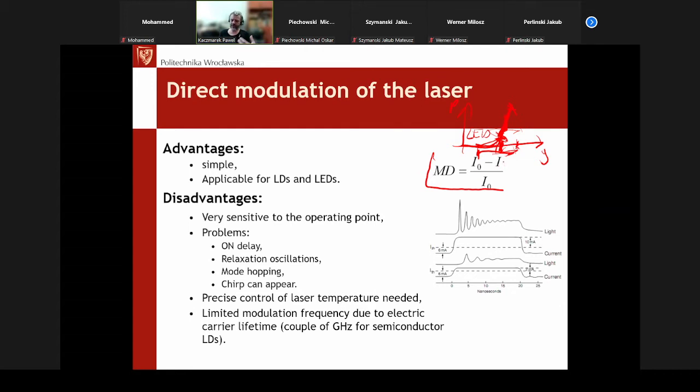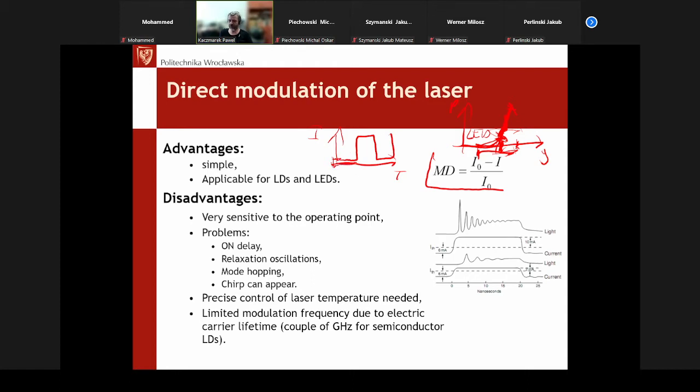Extinction ratio is something close to the contrast of our output signal. If we are modulating the intensity of the light in time, in the time domain, our modulated signal will look more or less like this. And we want to have this zero as close to zero as possible.